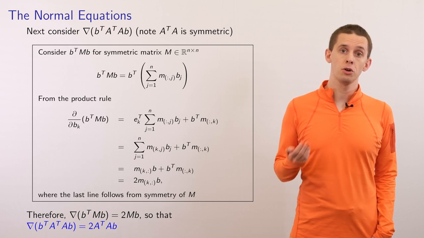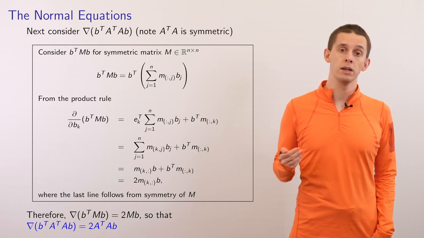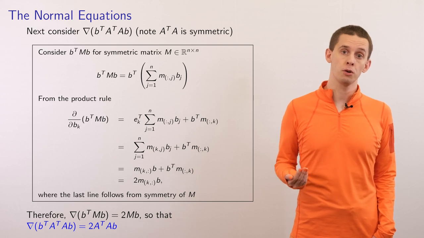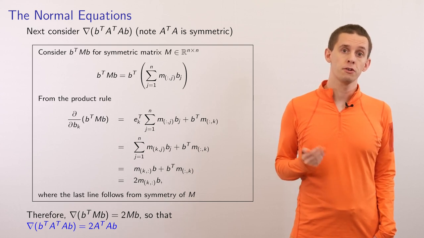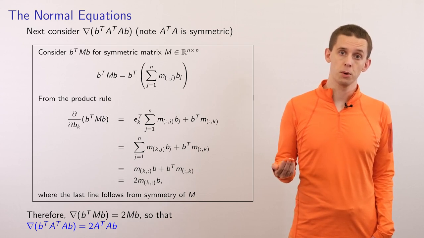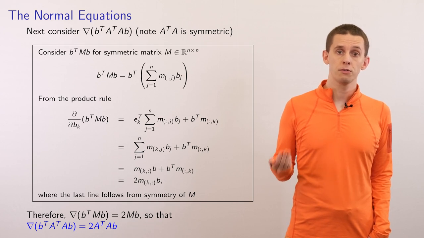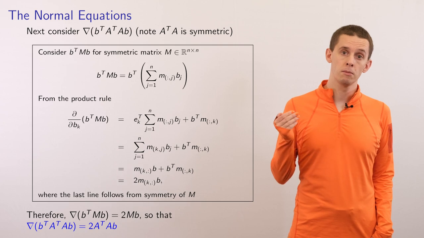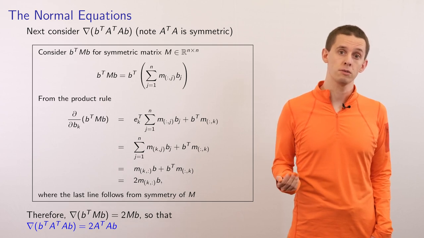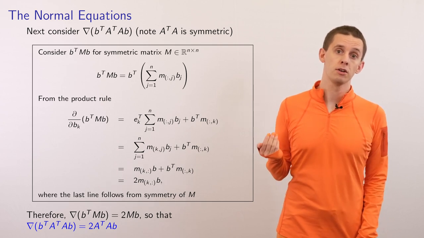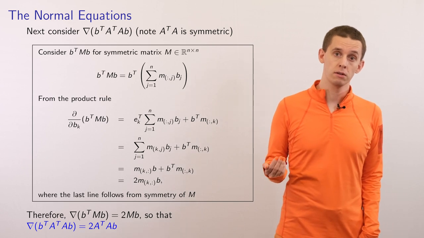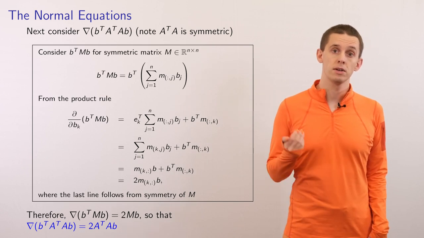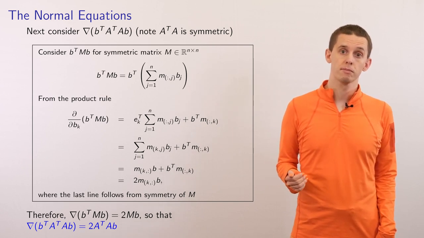Here there are two dependencies on b in this expression, and so we'll apply the product rule. First let's look at differentiating the b transpose. If we differentiate this with respect to b_k, then we'll just pick out the b_k term in this expression, and we'll therefore get the kth unit vector that we can write as e_k transpose.